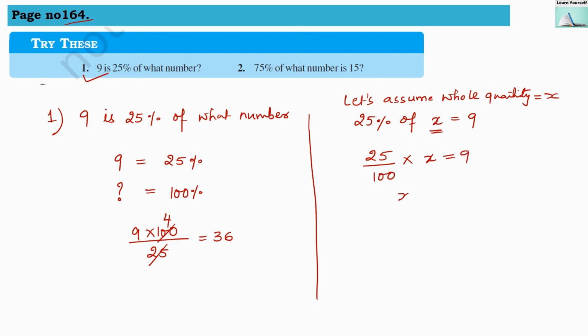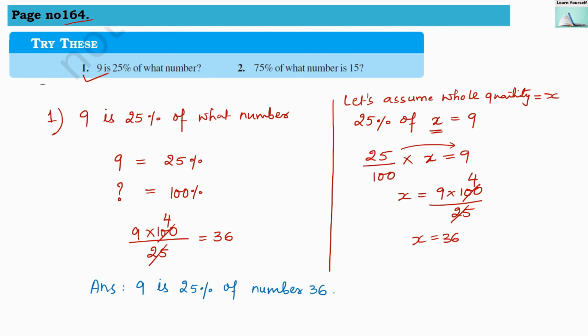So x equals, let us take this 25 divided by 100 to the other side. So 9, 100 which is in the denominator will go to the numerator, and 25 will go to the denominator. So 25 4s are 100, x equals 36. So we can write the answer here like 9 is 25% of number 36.